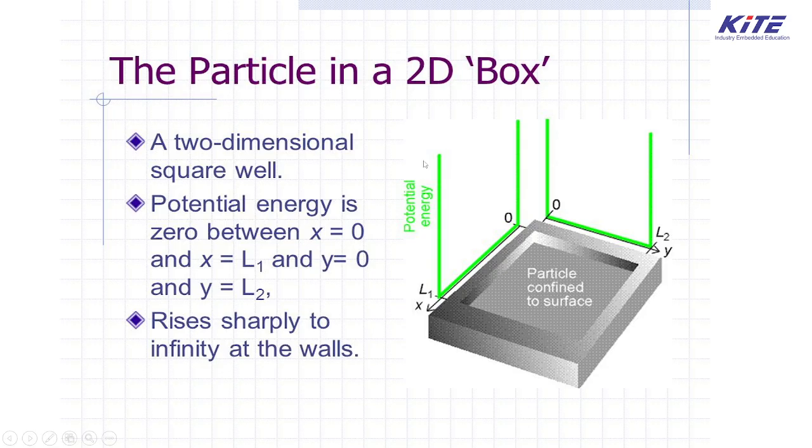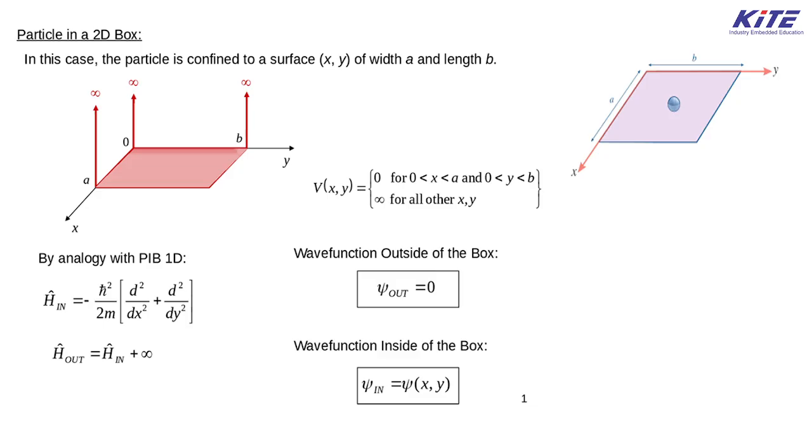So the potential energy is 0 between x equal to 0 and x equal to L1, and the same for y equal to 0 and y equal to L2. In this case, the particle is confined to the surface x comma y, with width x is a and y is b.